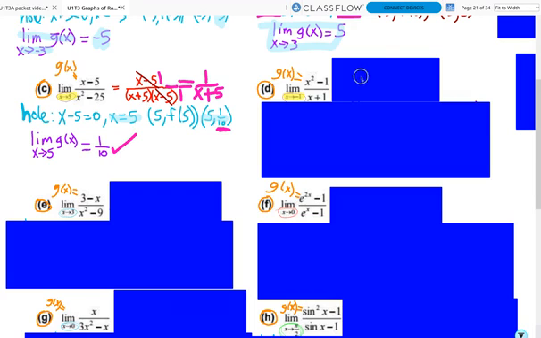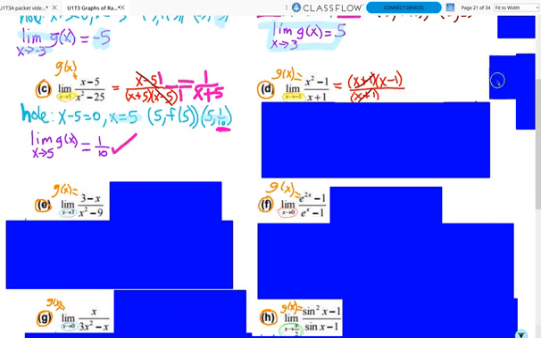Factoring letter D, difference of squares, this time in the numerator. Still a canceled factor in the numerator and denominator. This time there is nothing left in the denominator, so I'm only left with x minus 1.